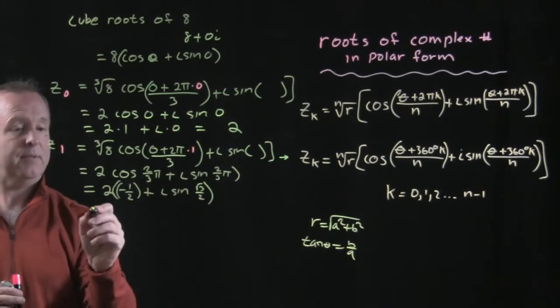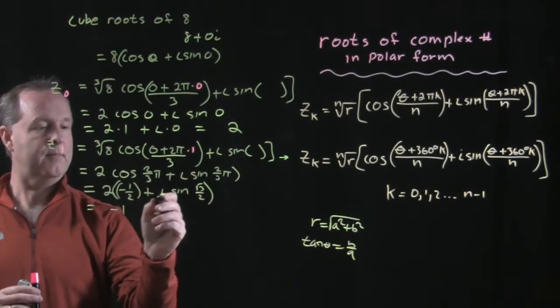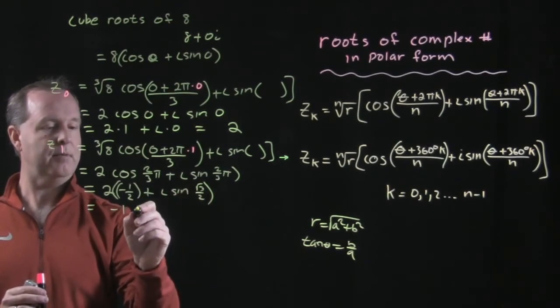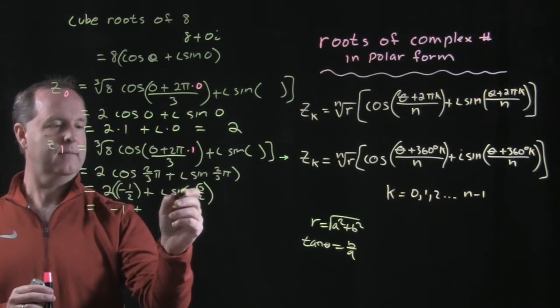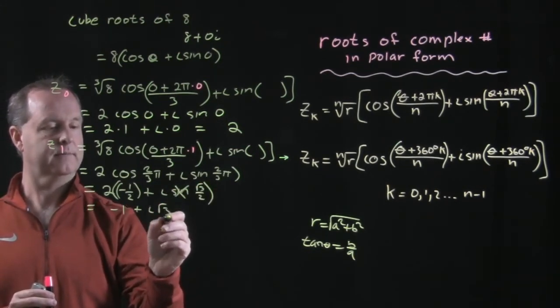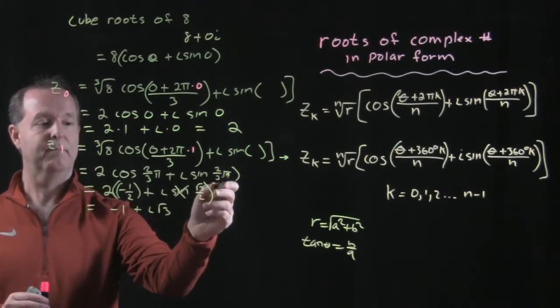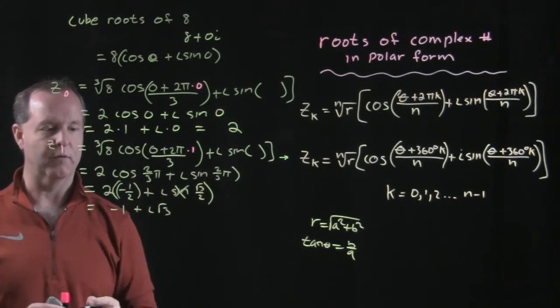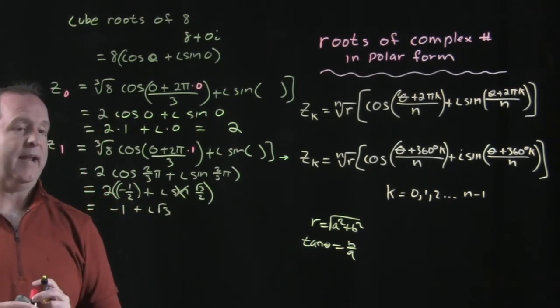And then cleaning that up a little bit, 2 times -1/2 is a -1. 2 times that gives me a plus an i√3. The sine of 2/3 pi is √3/2. All right, there's our second point that we're able to find.